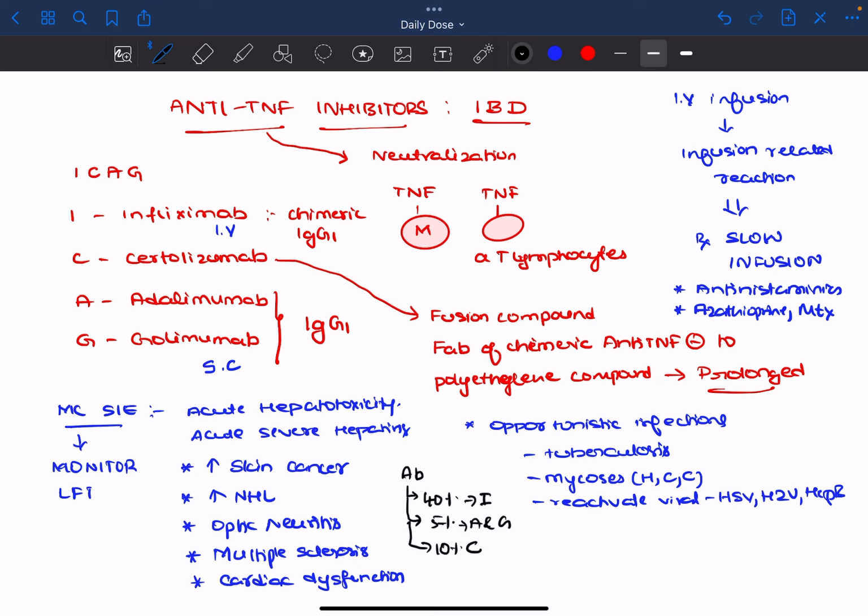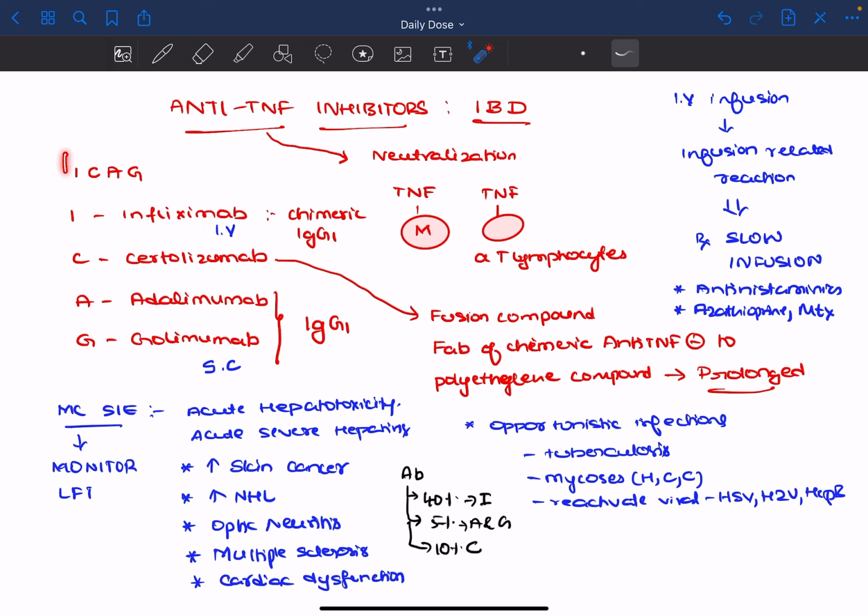So you need to remember 4 drugs which are used in inflammatory bowel disease, which act through inhibiting TNF: infliximab, certolizumab, adalimumab, and golimumab.